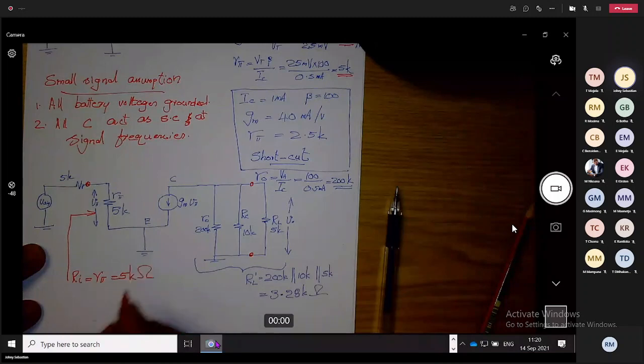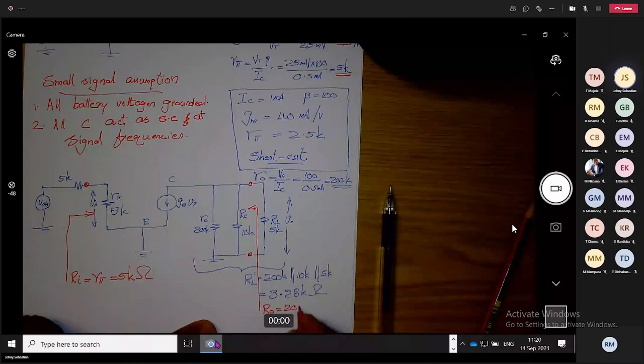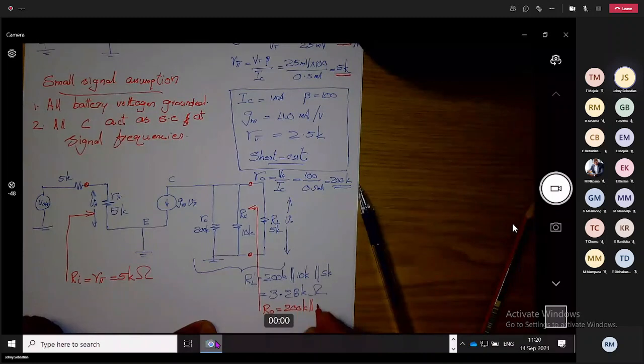And your output impedance is like that. That is r naught, 200K parallel, r naught parallel RC, that is 10K.